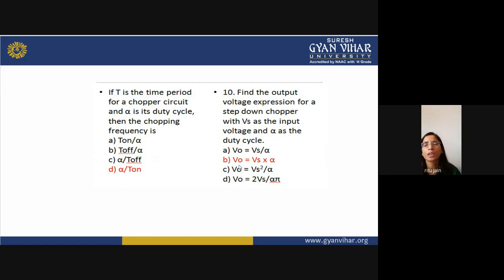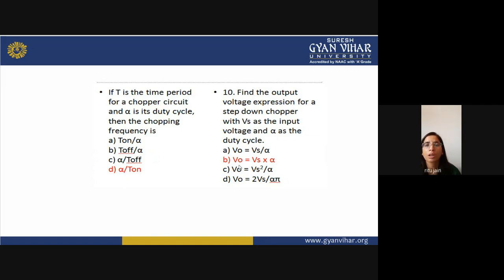It can be divided into three parts according to its output voltage: buck chopper, boost chopper, and buck-boost chopper. If you classify this chopper according to their quadrants, then it can be classified into five parts: class A chopper, class B chopper, class C chopper, class D chopper, and class E chopper.